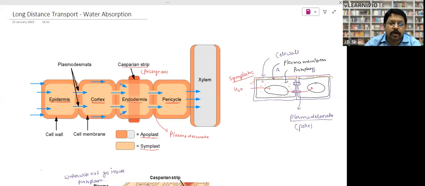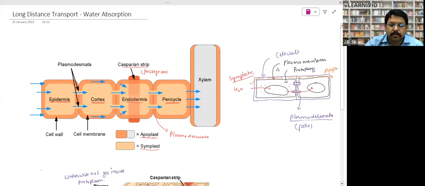Here you can see the water has neither entered the protoplasm nor the vacuole. Water is traveling just between the plasma membrane and the cell wall, right? So in this space, this pathway is called apoplastic. Is that clear now? Yes.